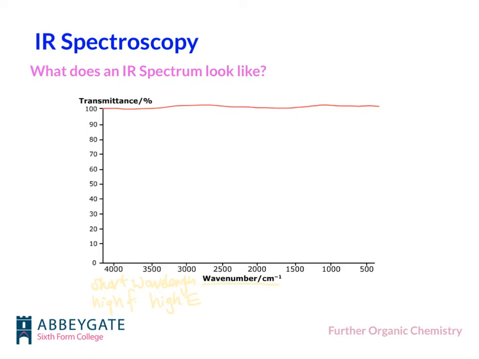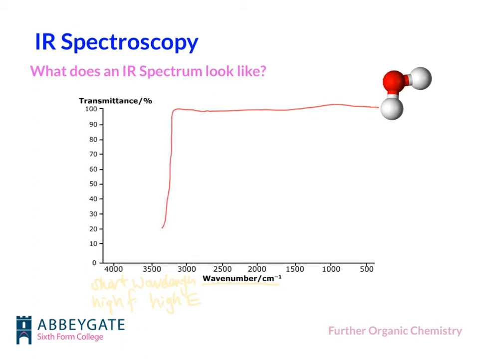Now, if we consider what happens when it actually comes into contact with a molecule, so if we consider the water molecule that we looked at, it's only got OH bonds in it, so it's only got one type of bond to absorb energy. You would get 100% transmittance all the way across until we get to where it would absorb, and then you'd get a trough.